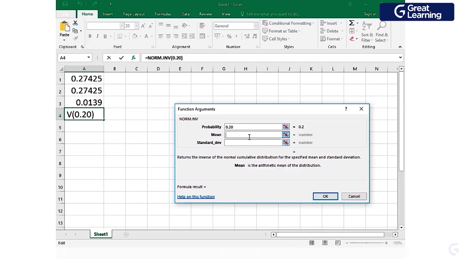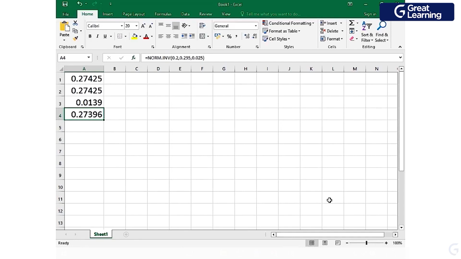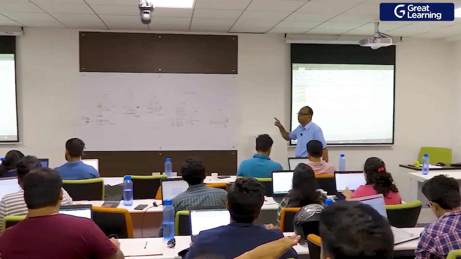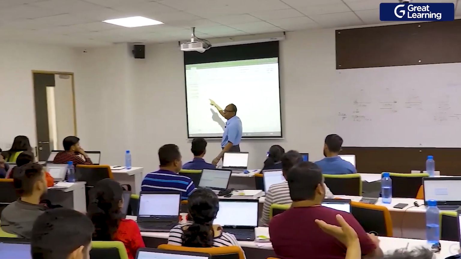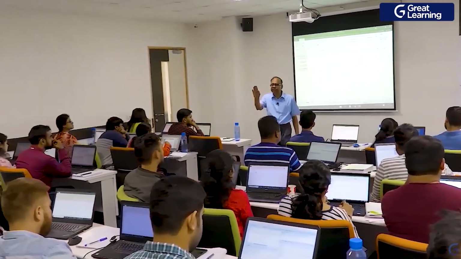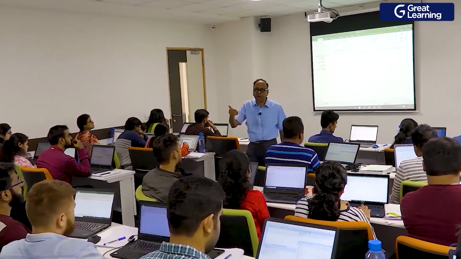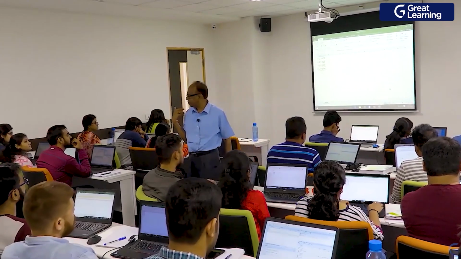Mean is how much? 0.295. Standard deviation? 0.025. So 273.96 grams, or approximately 274 grams, or 0.274 kg, is the weight which 80% of the packs would have exceeded. 20% of the packs would have got less than 274 grams.